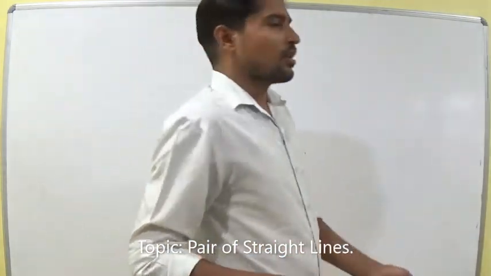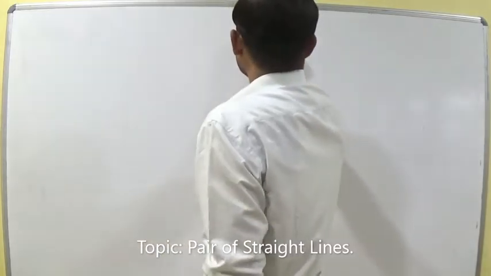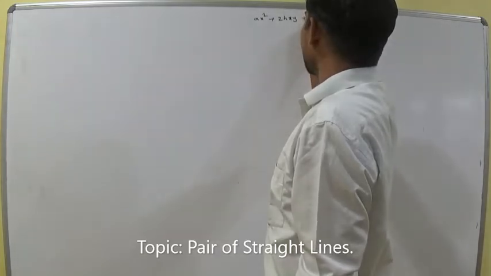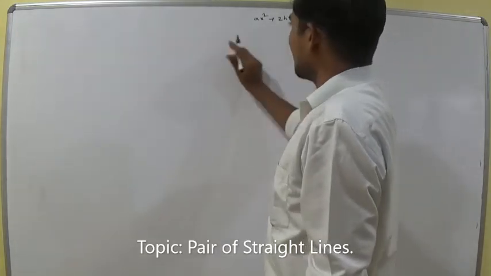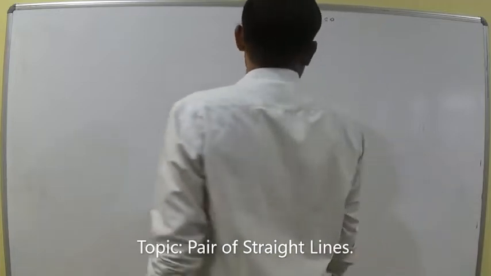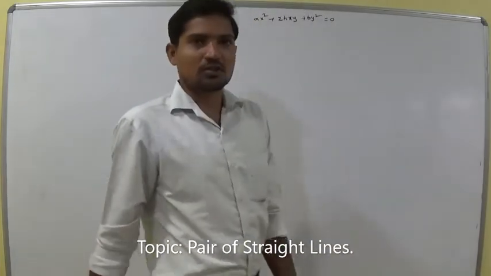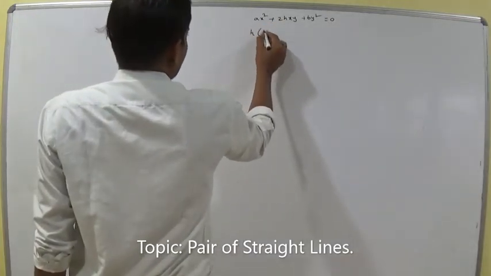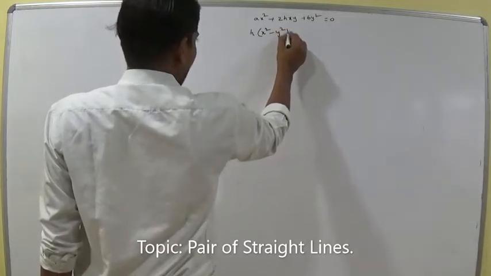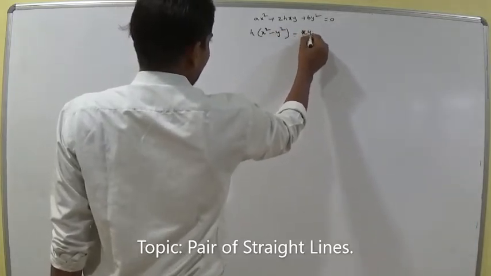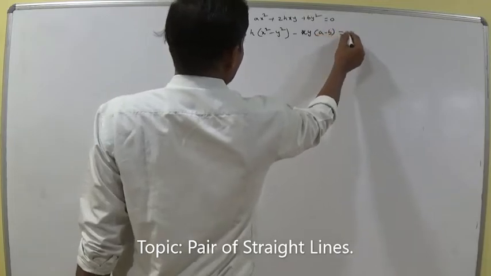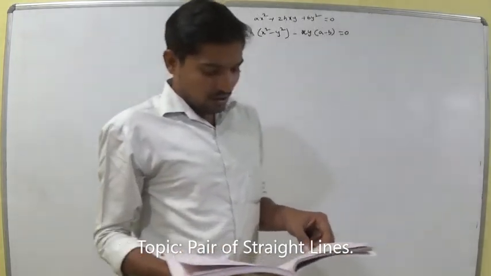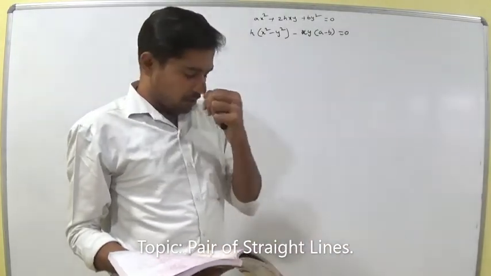Suppose ax square plus 2hxy plus by square equal to 0, then the combined equation of angle bisectors is h into x square minus y square minus xy into a minus b equal to 0. Use that formula and solve the problems in that 12th Roman problems.